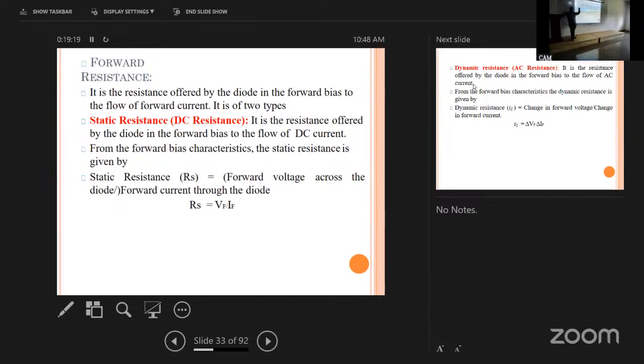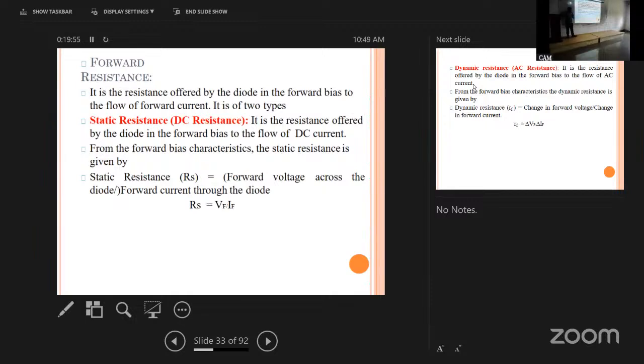We'll take two voltages in forward bias mode and subtract them. V by I is nothing but R, because by Ohm's law R is equal to V by I. So static resistance is V by I, and dynamic resistance is nothing but V4 minus V3 by I4 minus I3. That is AC resistance. The amount of AC resistance available in the circuit is nothing but dynamic resistance.